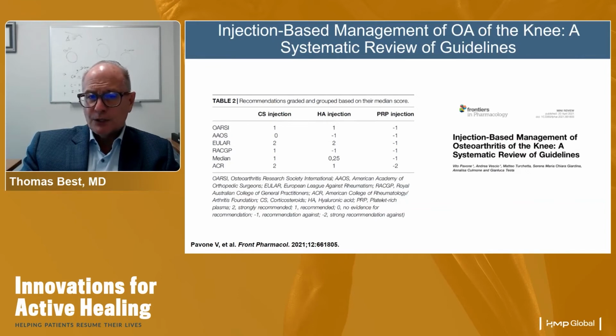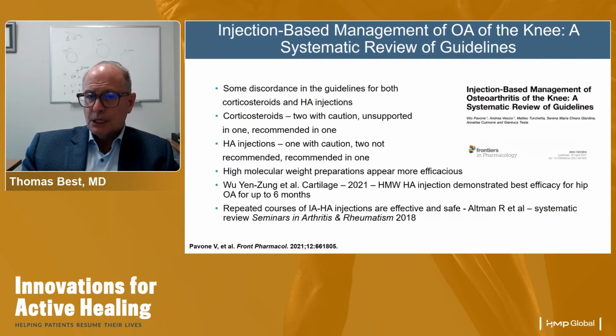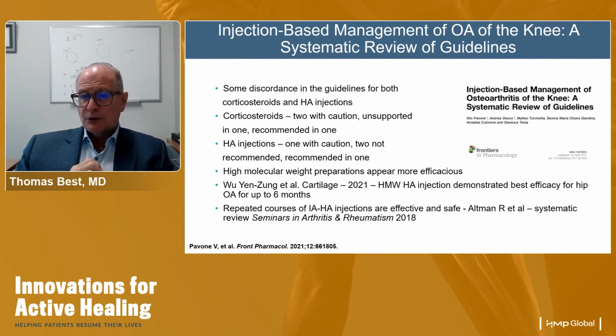For example, OARSI, the AAOS, EULAR, that's the European Society of Rheumatological Diseases, ACR, of course, the American College of Rheumatology. And it's comparing different injections, corticosteroids to hyaluronic acid to PRP. And as you can see, the evidence is really all over the map in terms of the efficacy of these different approaches.